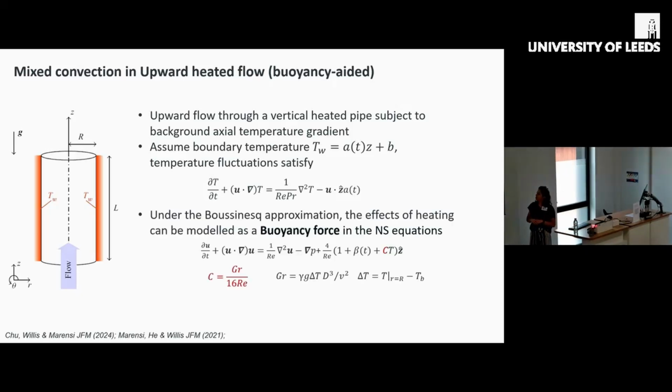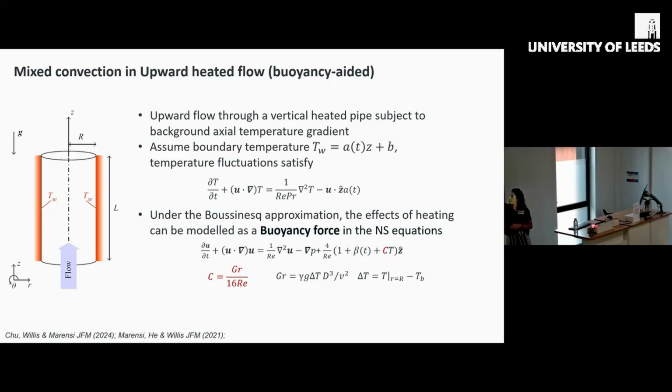So we also use the Boussinesq approximation, so we can write the Navier-Stokes equation with an additional buoyancy term. So this term here, again after non-dimensionalization, is the buoyancy force, which is proportional to the temperature fluctuation.